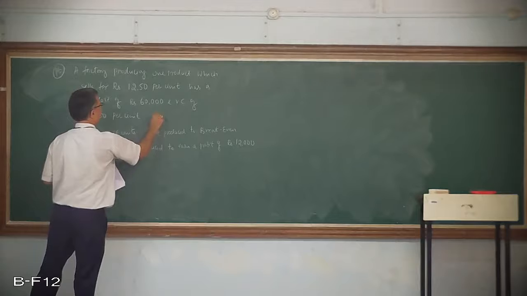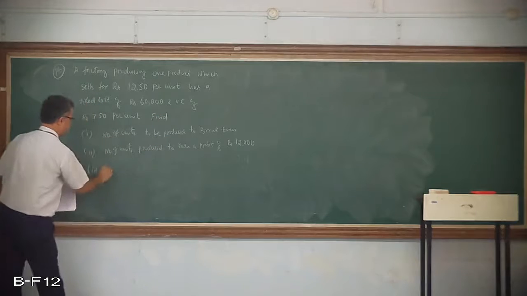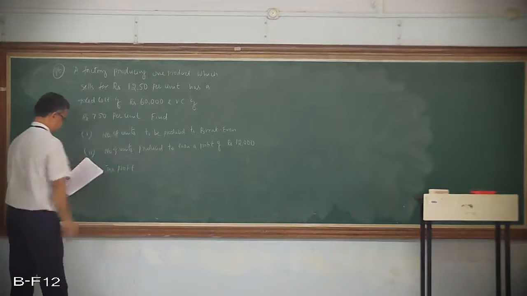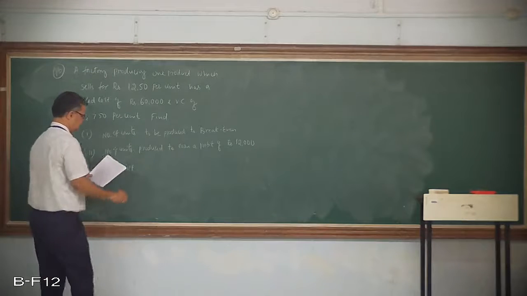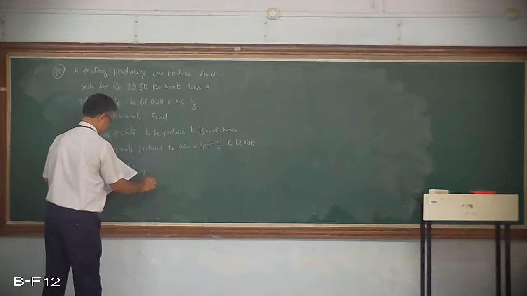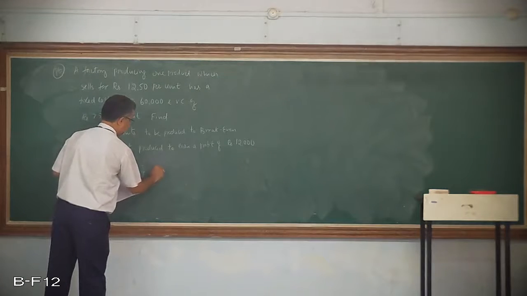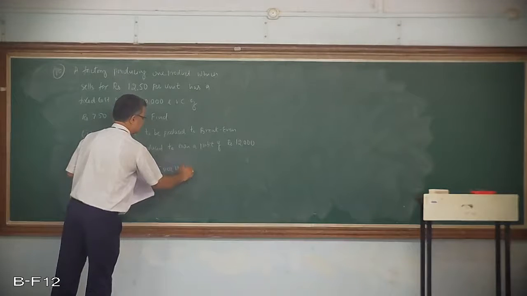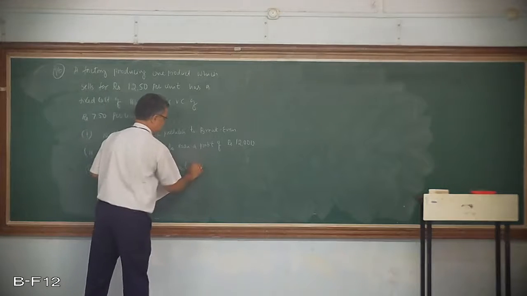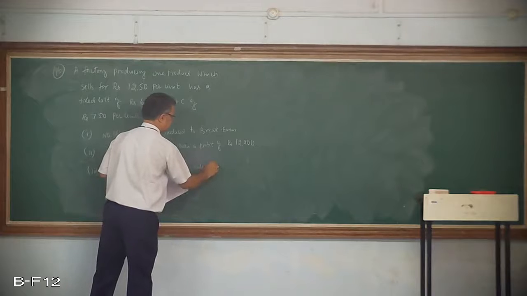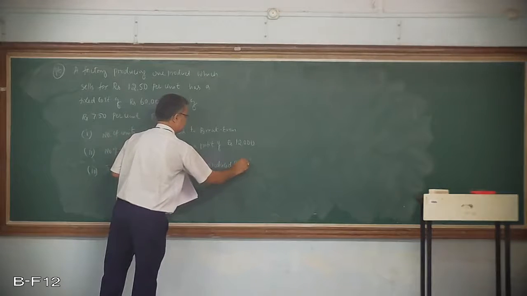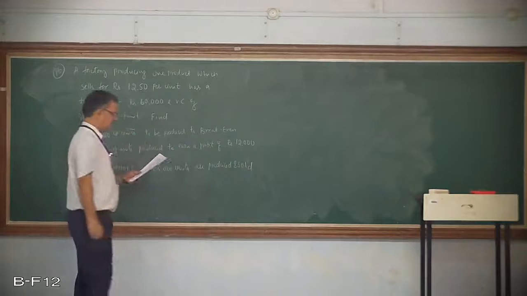Third, find the profit if 25,000 units are produced and sold. So this is the problem given.